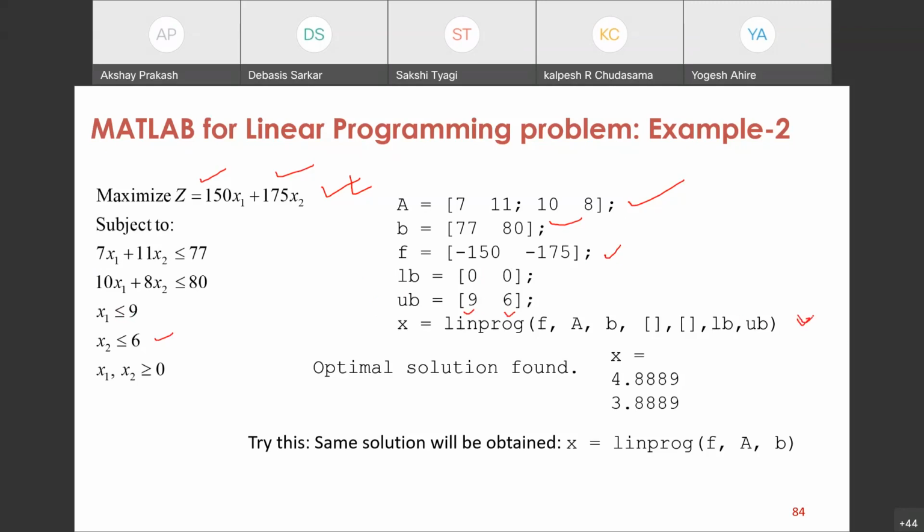Call the linear programming problem. I call the linprog solver. Remember, the sequence of these arguments is important.